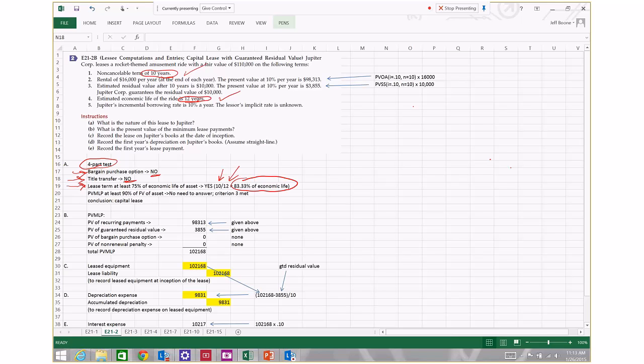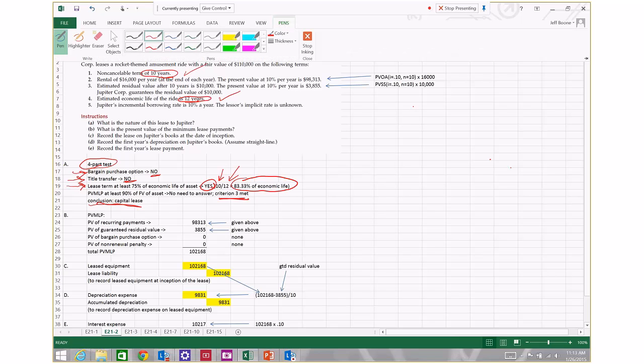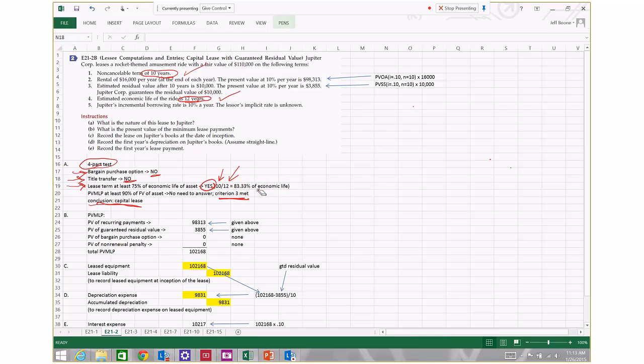So the answer to this third question is yes. So at that point we can stop. There's no reason to proceed to the fourth question, because we met criterion 3, the economic life test. Since we met criterion 3, we know that this lease is going to be classified as a capital lease by the lessee.